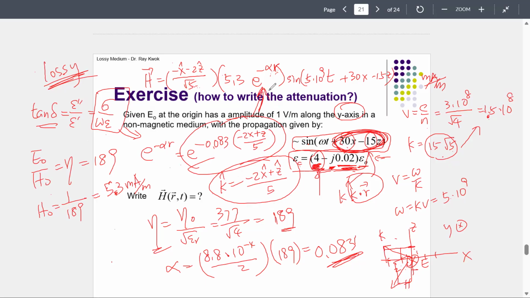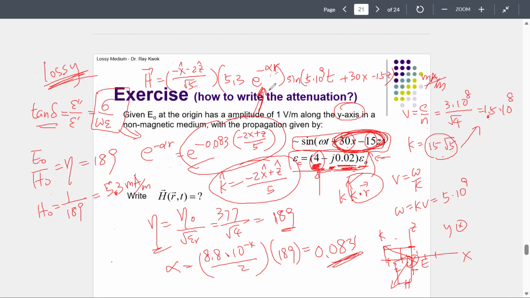Summarize it really fast. First of all, you need to know you're working with a lossy medium. How do I know? When I see any terms like the complex epsilon, the conductivity, the skin depth, any of those terms in the problem, then you know you're dealing with a lossy medium. Immediately, you want to find out, are you in a low loss region? How do you do that? Calculate the loss tangent. If it's less than 1%, good, low loss.